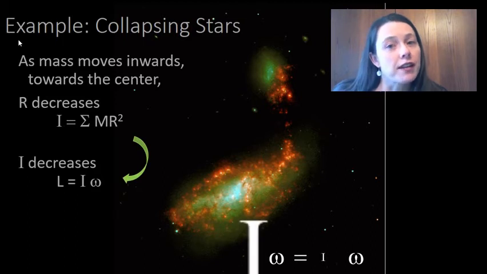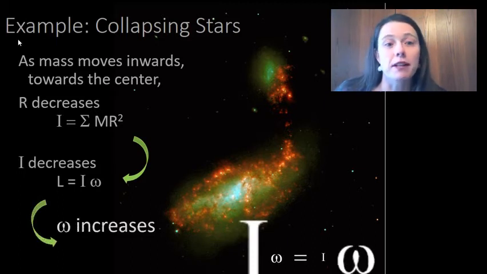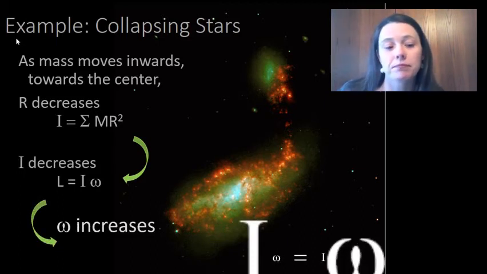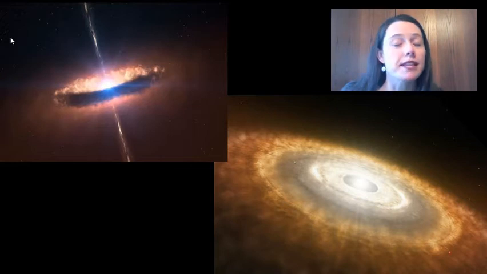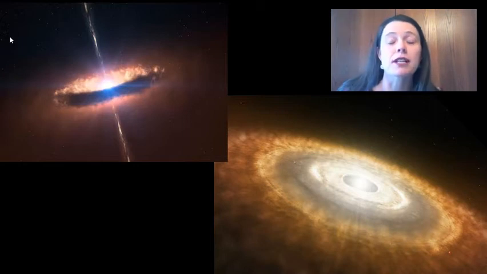By the conservation of angular momentum, this means that the rotational velocity must increase in order to balance the decreasing inertia. As the angular velocity increases, the entire system spins. This is why solar systems all spin in the same direction, and this is why some collapsing stars start to spin at amazingly fast speeds.